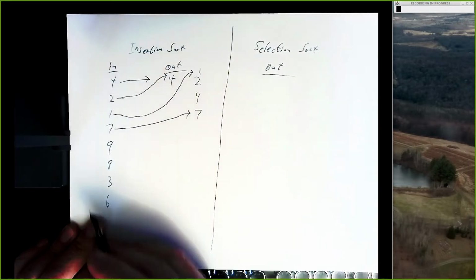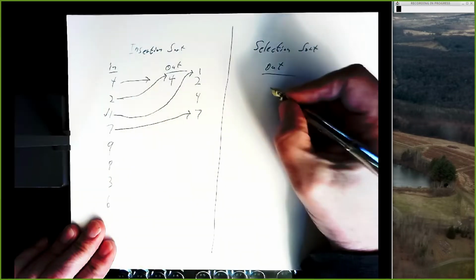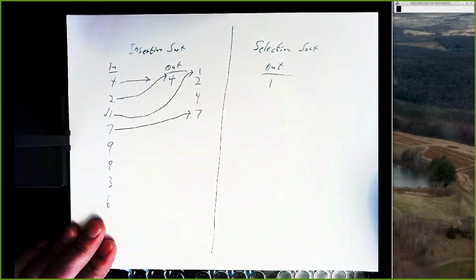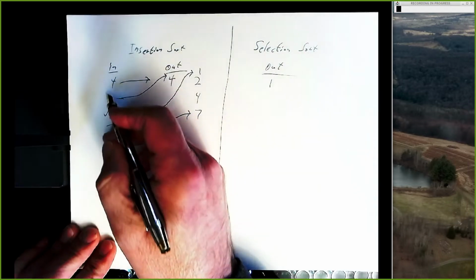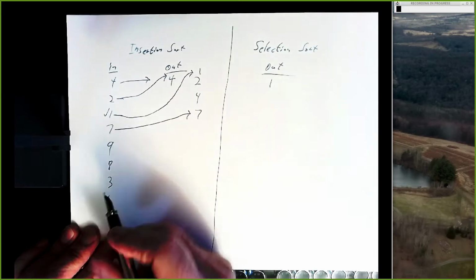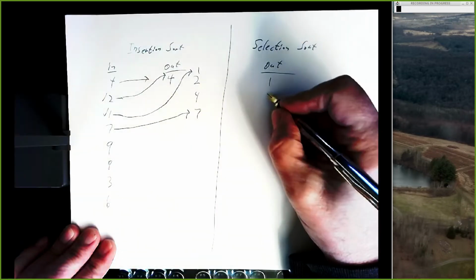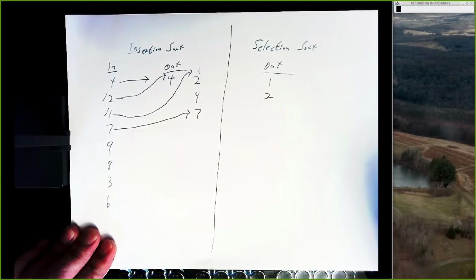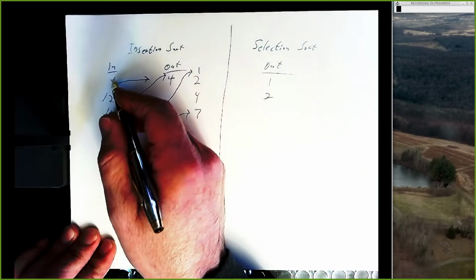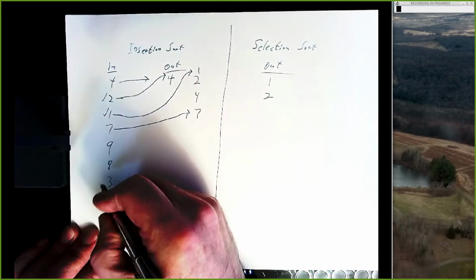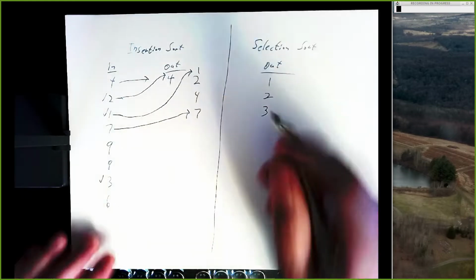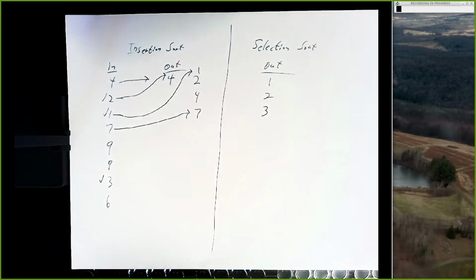So you find the smallest thing in here, which is, for example, the 1, add that to your output. And now you go through and you find the smallest input value that you haven't already used. That would be a 2, and you put that on your output. And now you go through and find the smallest input value you haven't used. That would be a 3. Add that to the next spot in your output, and so on.